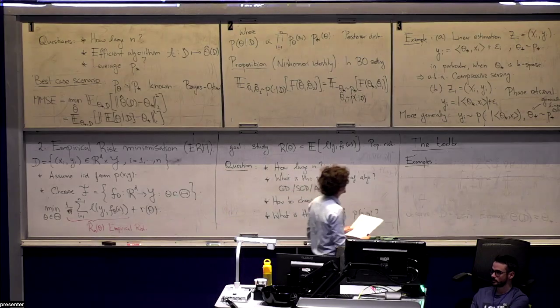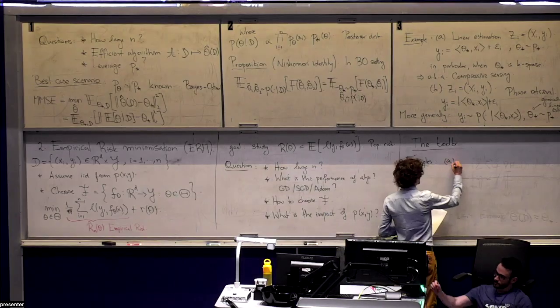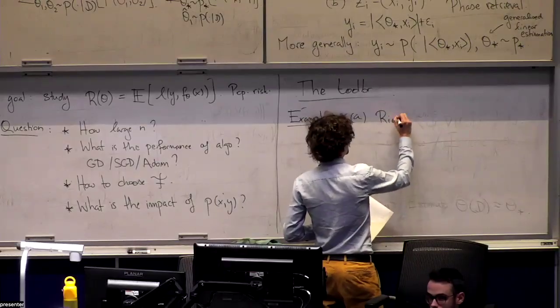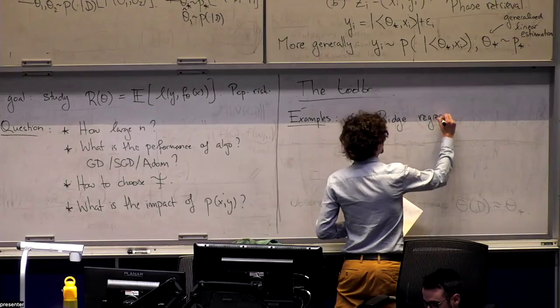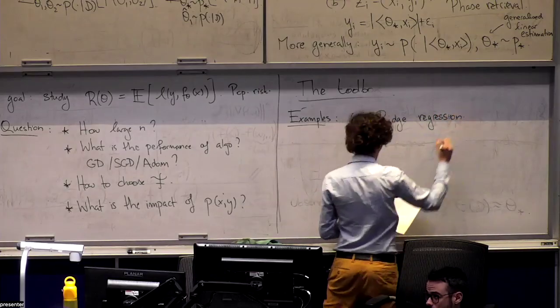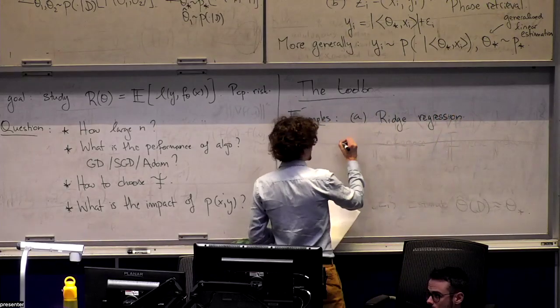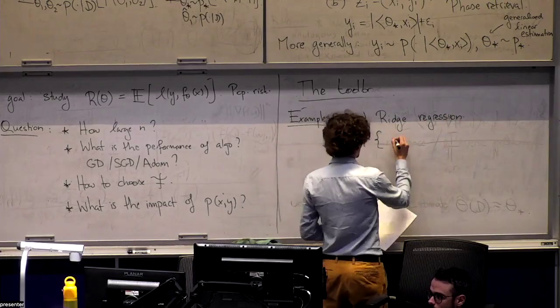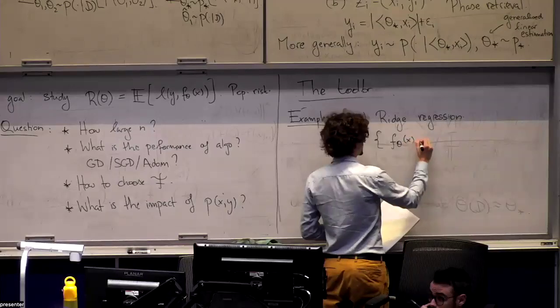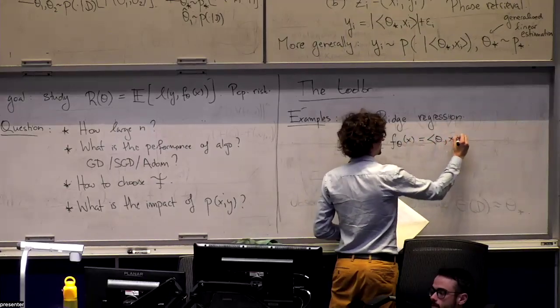Okay, so let me give you some examples. The first example, which is again the theory favorite example, is ridge regression. In ridge regression, the hypothesis class is the class of linear functions, so f_theta(x) equals theta dot x.